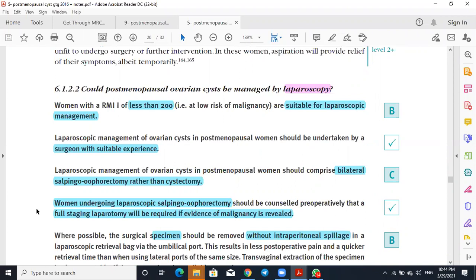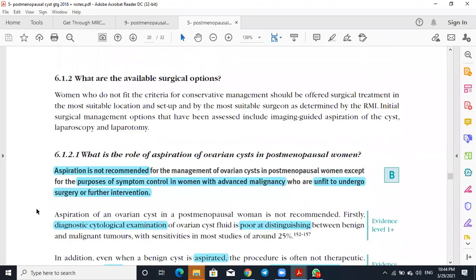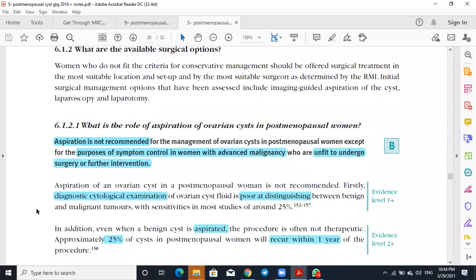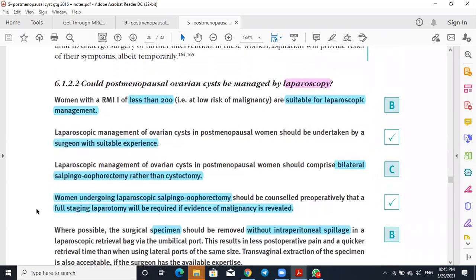No, 6.12. This is the second point. Which is the first point? The first point is just about aspiration, which is not recommended. The second is laparoscopic management. First is aspiration, it is for surgically unfit. Now is laparoscopy.